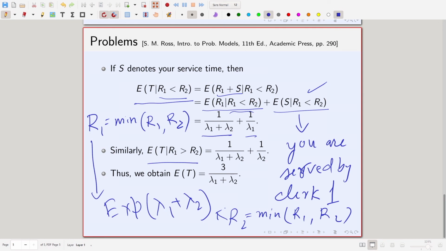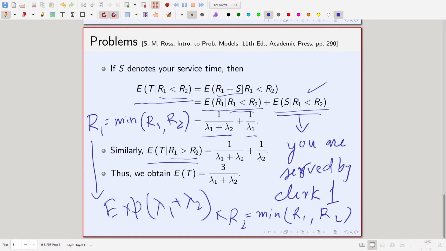But now when R2 is less than R1, you are served by Clerk 2, because the customer with Clerk 2 left first. For Clerk 2 the service time is exponential with mean 1 over lambda 2. So this second term will be 1 over lambda 2.